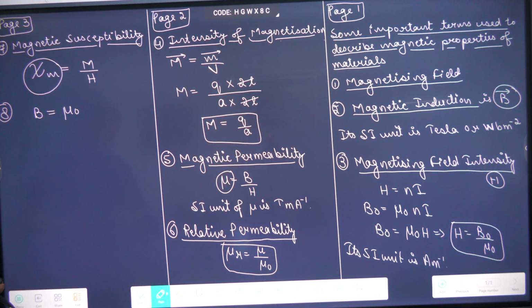That's why we write B equal to mu naught multiplied by H plus M.